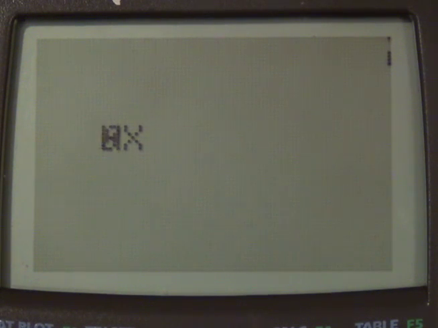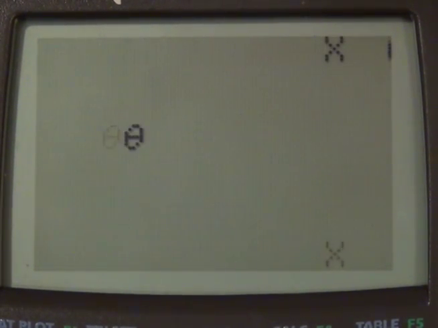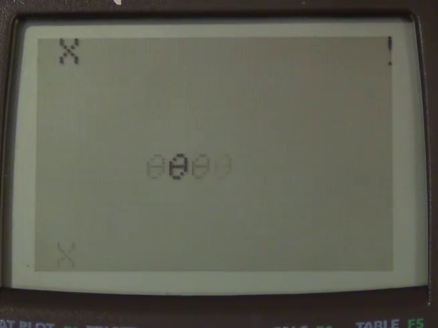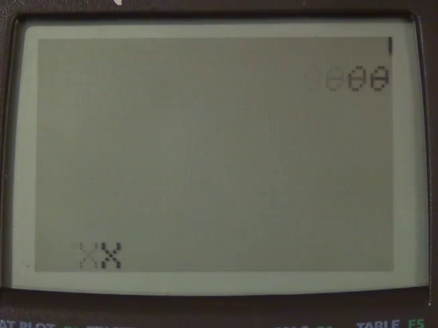So as soon as he touches us, he wants to get away, and notice how he gets away. So if we're closer on the x, he'll move away.